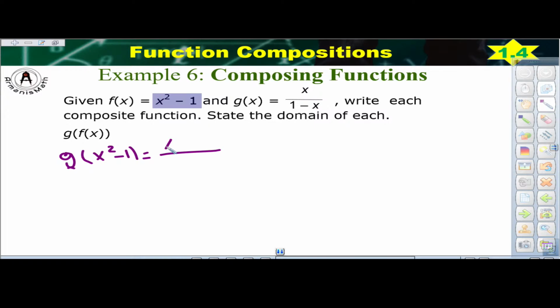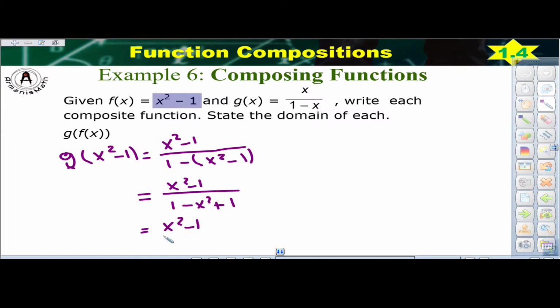So it will be x squared minus 1 divided by 1 minus, and use parentheses because it's going to help you a lot, particularly if there are some negatives. And if I'm careful about this, we'll find myself looking at x squared minus 1 at the top divided by 1 minus x squared plus 1. And if I'm careful again, I will end up with 2 minus x squared.